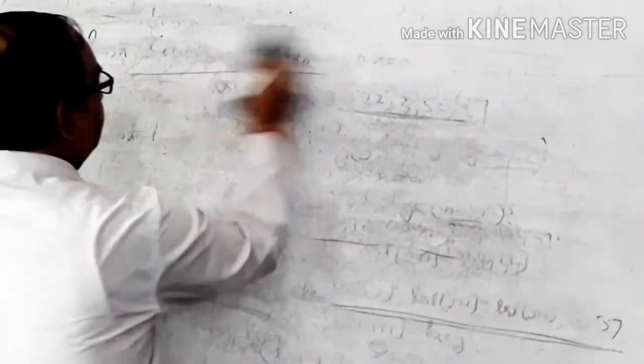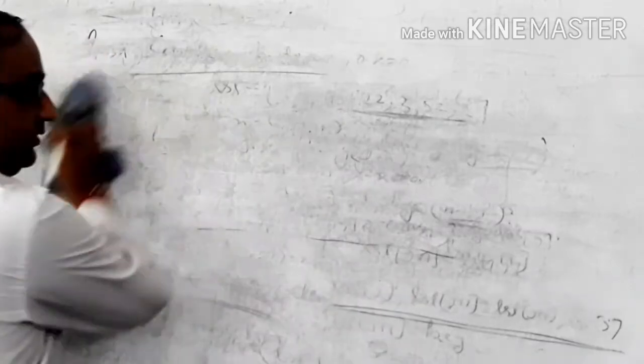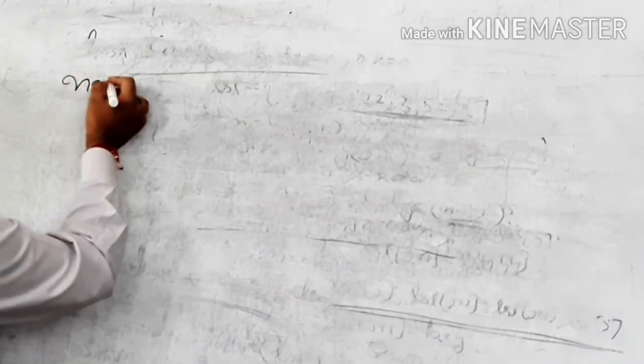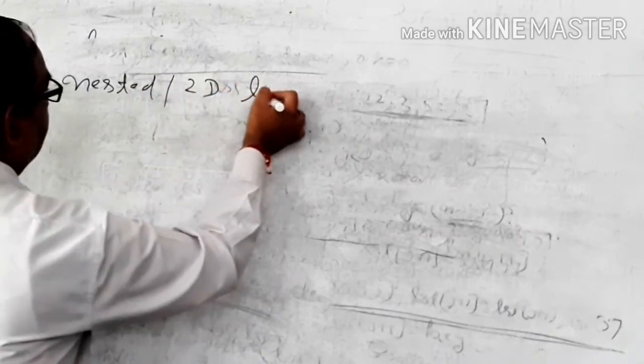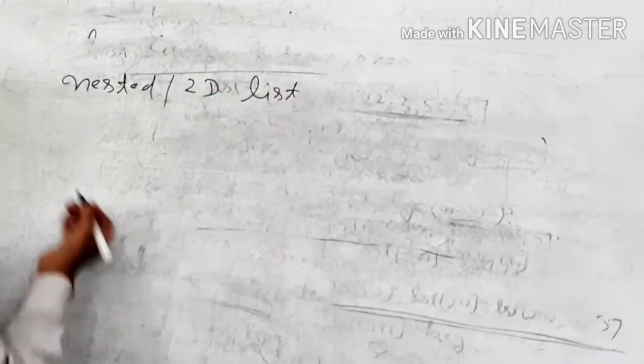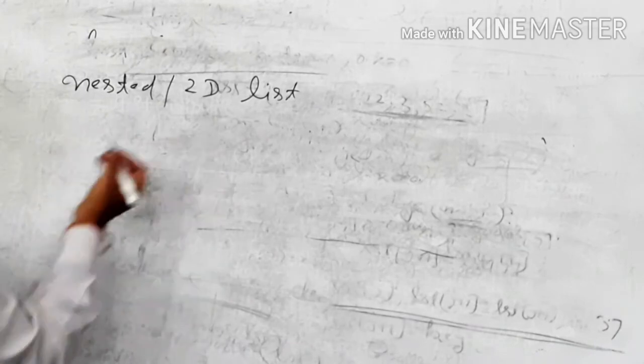Now the next topic, that is also very easy, that is the nested or 2D list. The list containing a list is also known as a nested list, or a 2-dimensional list.